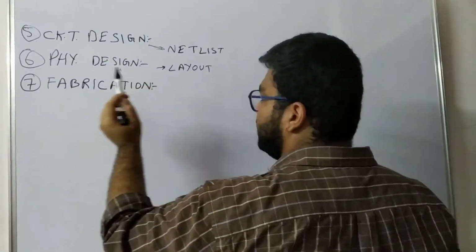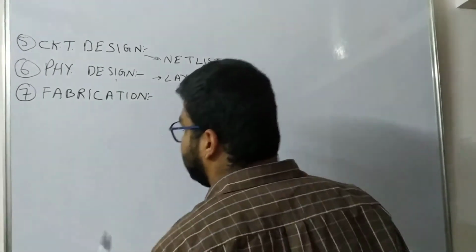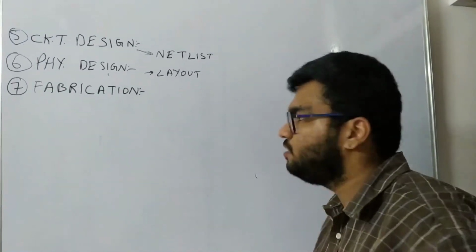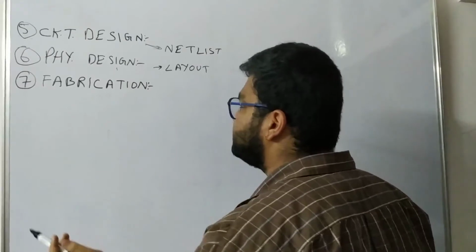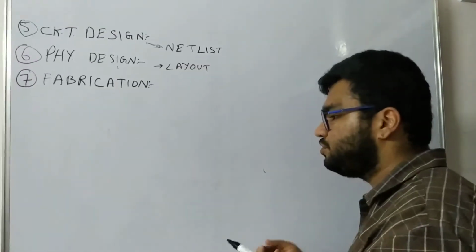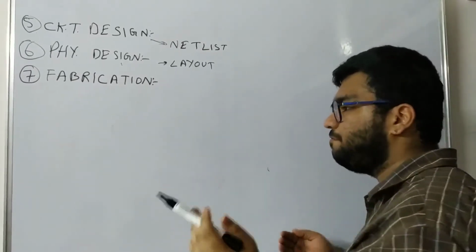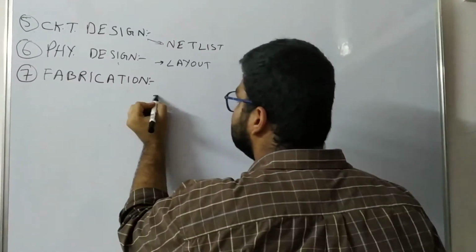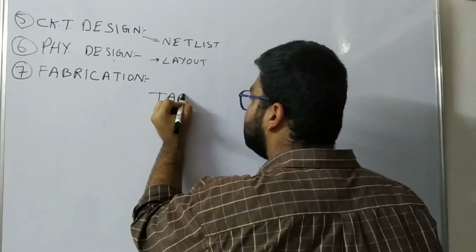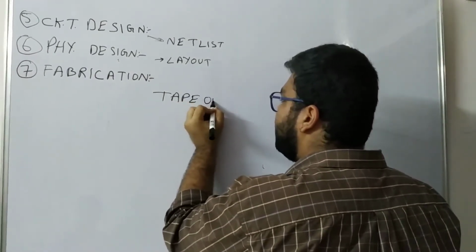This layout is sent for fabrication in the form of a tape. To perform this fabrication, the data in the tape should be released. This event, this releasing of data from the tape, is nothing but tape out.